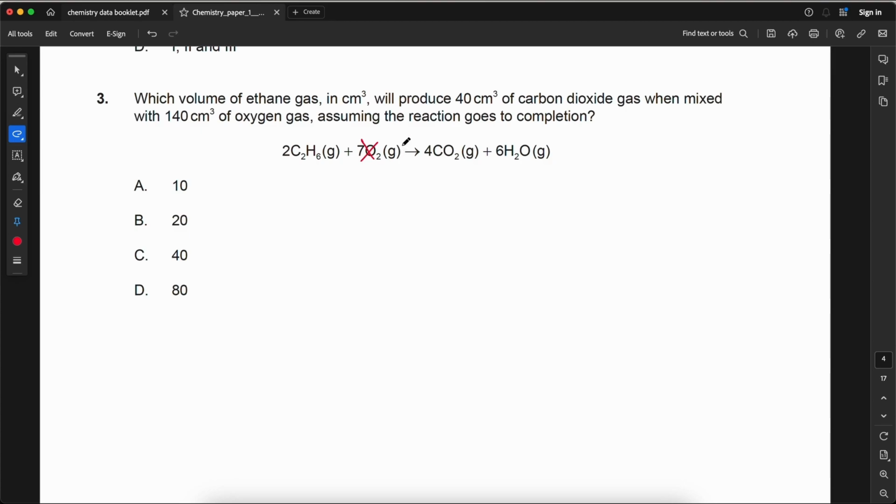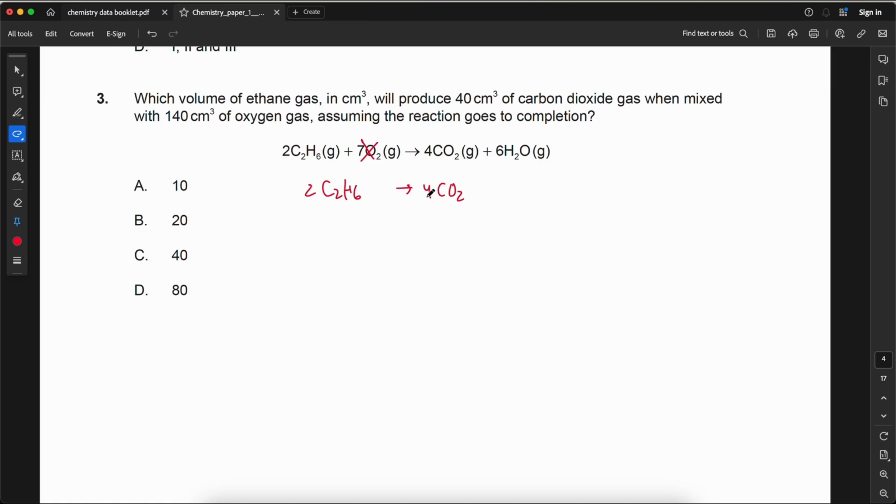So now we need to determine the relationship between volume of carbon dioxide and ethane. So for C2H6, 2 moles of ethane produce 4 mole of carbon dioxide.